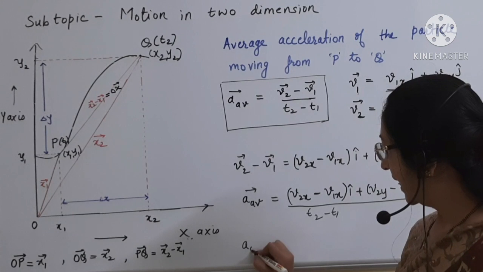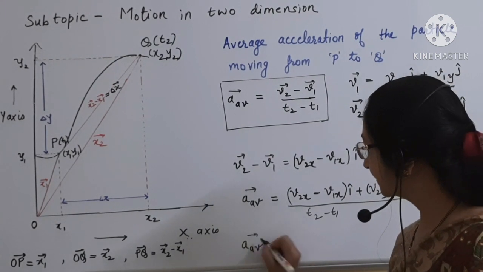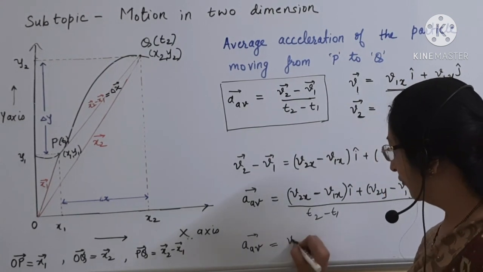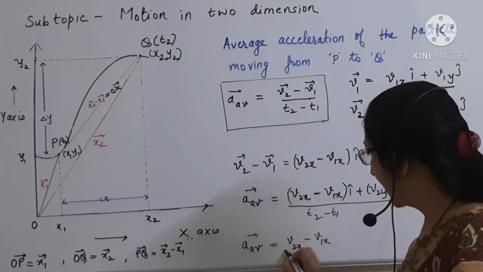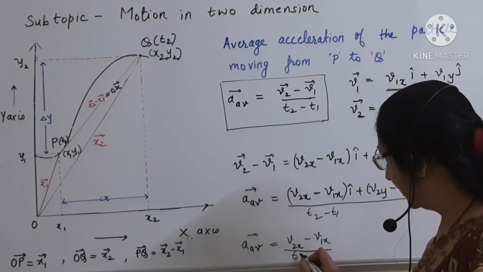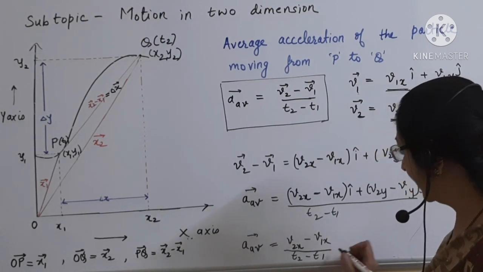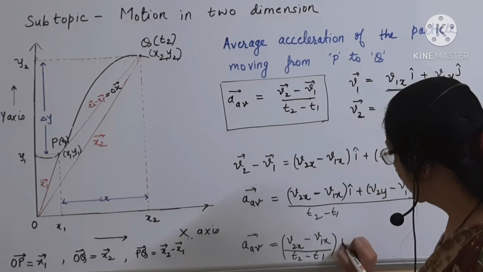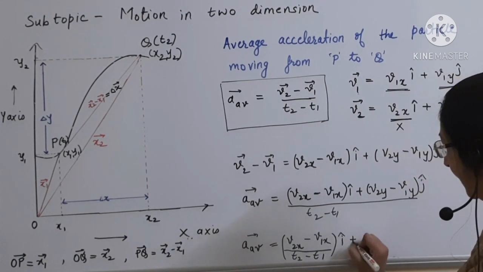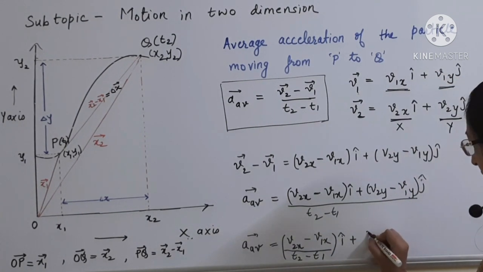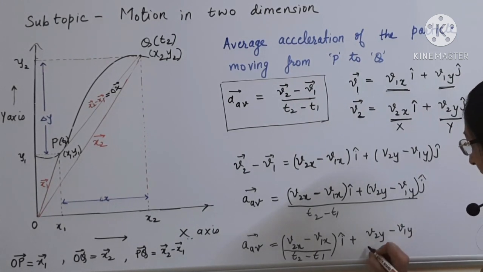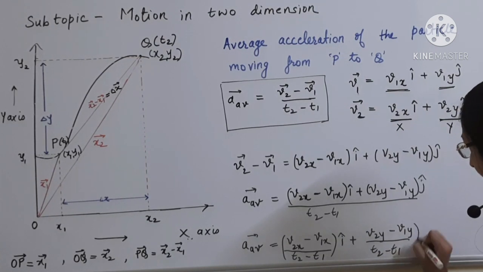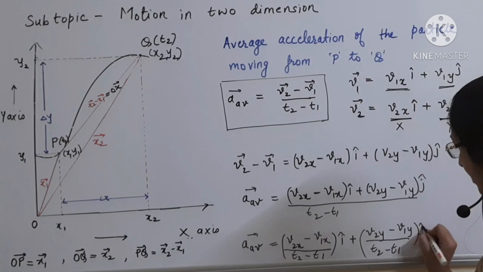A average is equal to (V2x minus V1x) upon (T2 minus T1) into i, plus (V2y minus V1y) upon (T2 minus T1) into j.